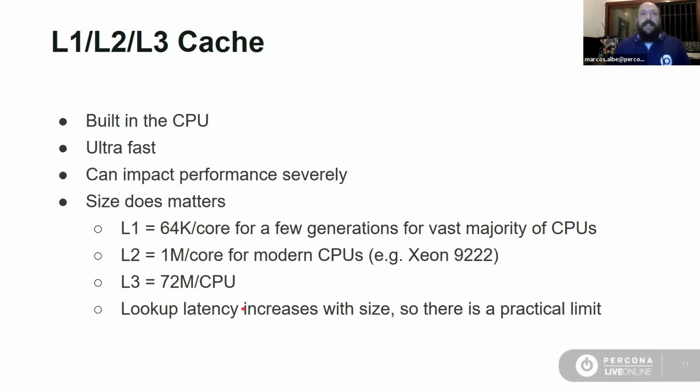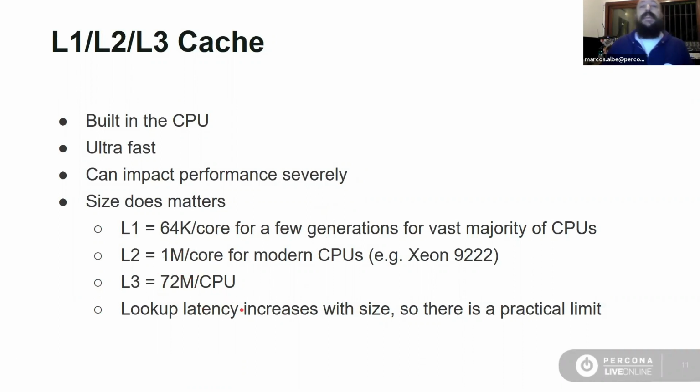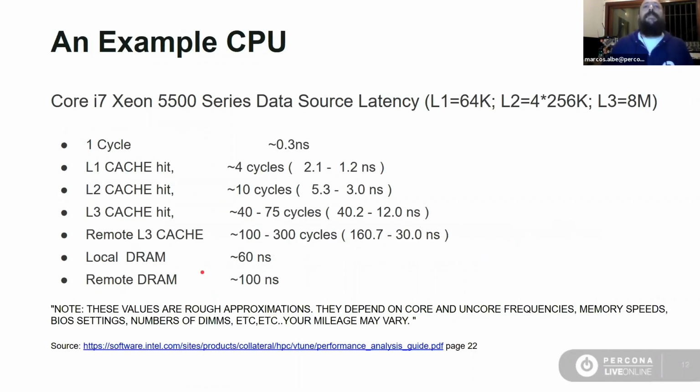Okay, so level 1, level 2, level 3 cache are built into the CPU, super fast. They have rather small sizes, and increasing their size indefinitely will not help, because the latency will increase, and so they will not be so efficient. These are reference figures for a latest generation Xeon, and this is the performance you could expect from this cache.